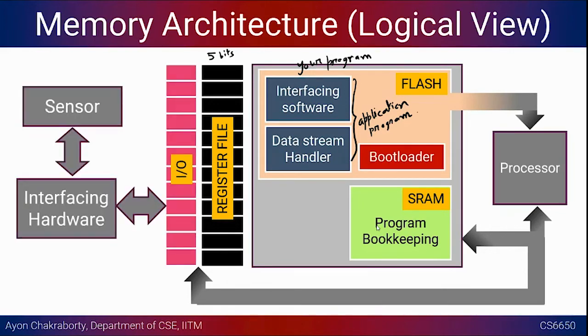Once you have the sensors and the interfacing hardware, there is dedicated memory for handling these IO lines. These input output lines are all mapped to certain portions of the memory. Any particular pin that you are attaching to an interfacing hardware or a sensor is always mapped to a certain portion in your memory.